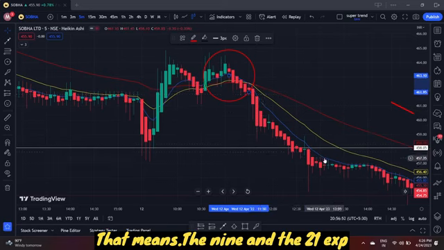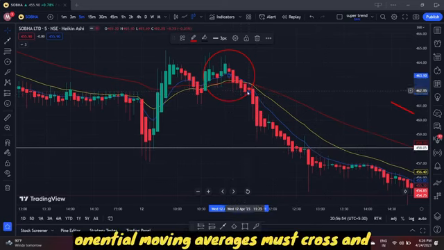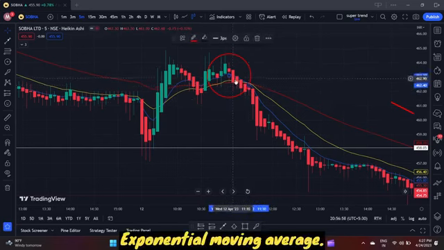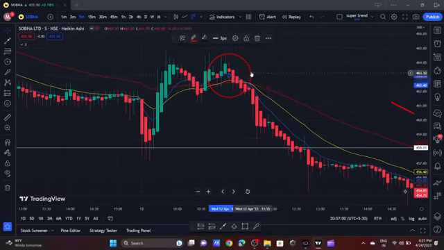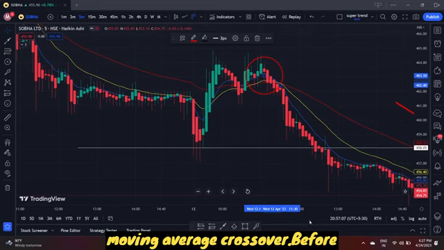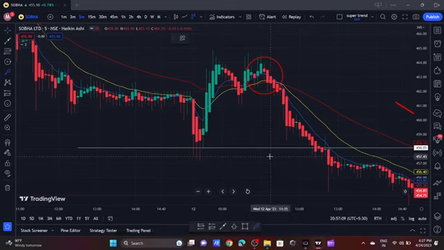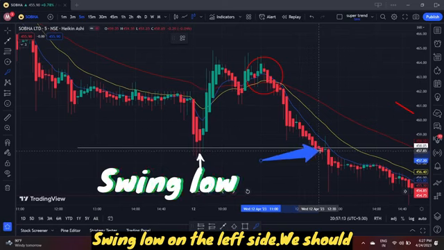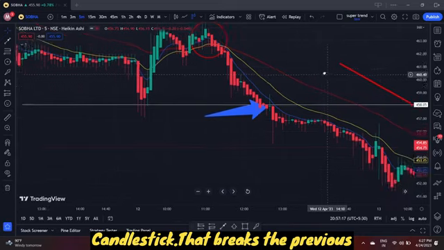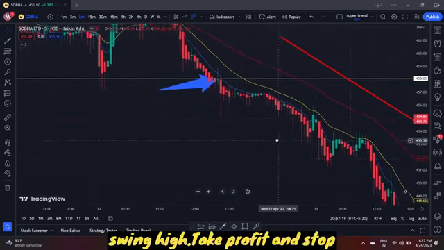That means the 9 and the 21 exponential moving averages must cross and be below the 55 exponential moving average. Step number 4. Sell at the close of the candlestick following the moving average crossover. Before selling, watch for the previous swing low on the left side. We should only sell from the close of the candlestick that breaks the previous swing low.